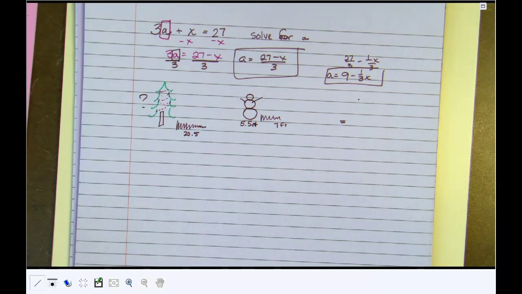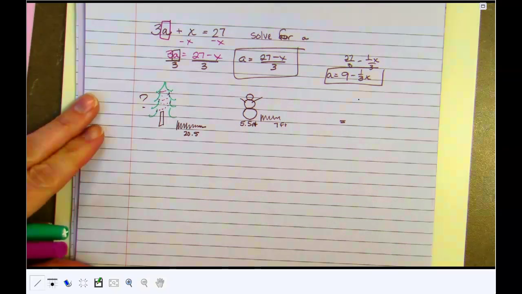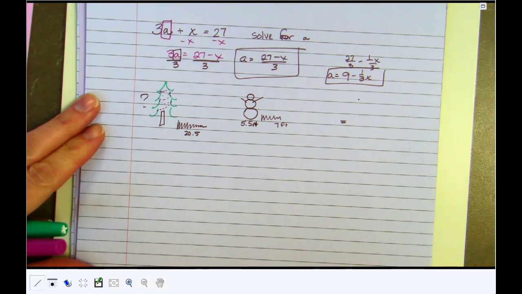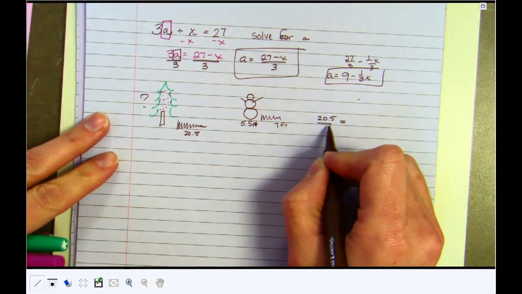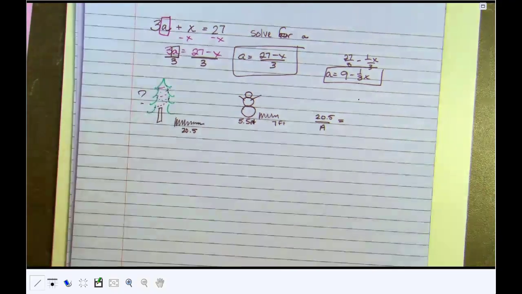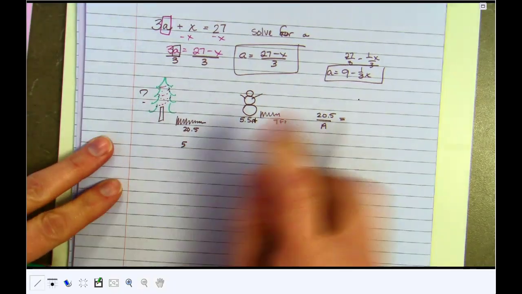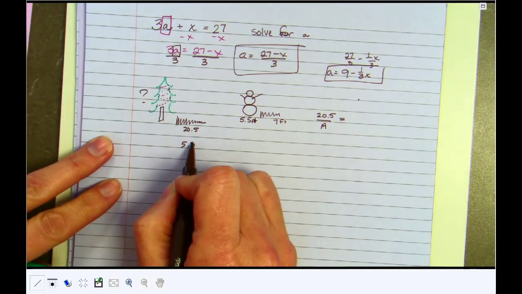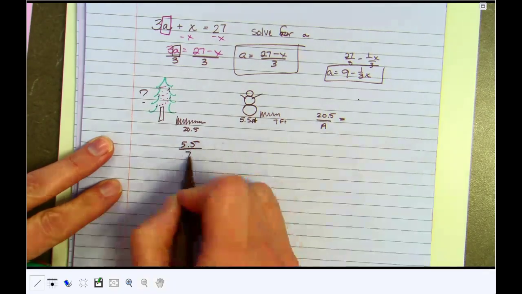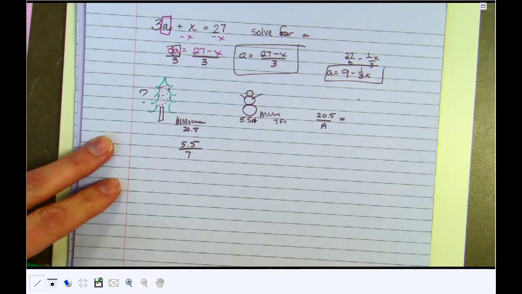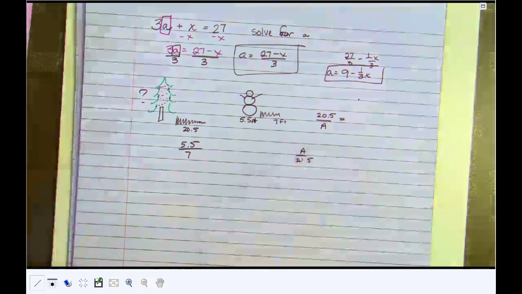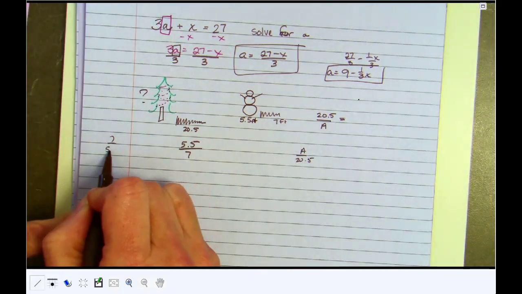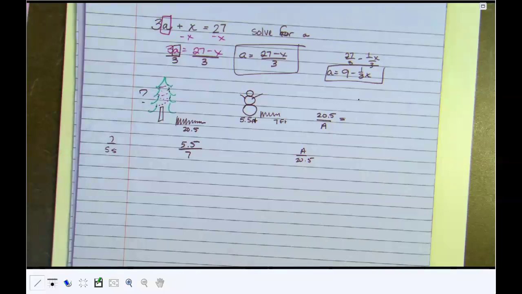Somebody tell me what you have. There's lots of choices. What you got? Okay, 20.5 over A. If you have 20.5 over A, that's one way to have it. What Colton said is fine. I probably would write my first one like that. You also could have A over 20.5. I could have a 7 over 5.5. Those are 4 options that I could have. It does not matter.